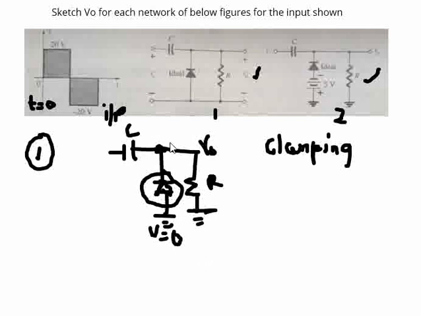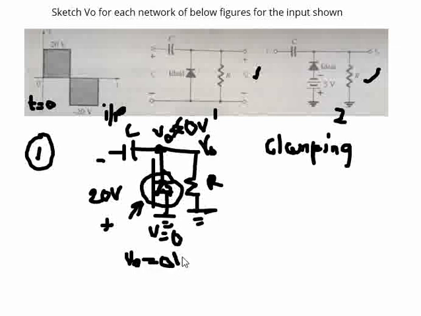Any V naught greater than 0 volts will reverse bias this diode, and any V naught less than 0 volts will forward bias it. That means we should give a negative voltage, so we first give minus 20 here. In that case, this diode will be forward biased. Since it is grounded, V naught will always be 0 in this case.